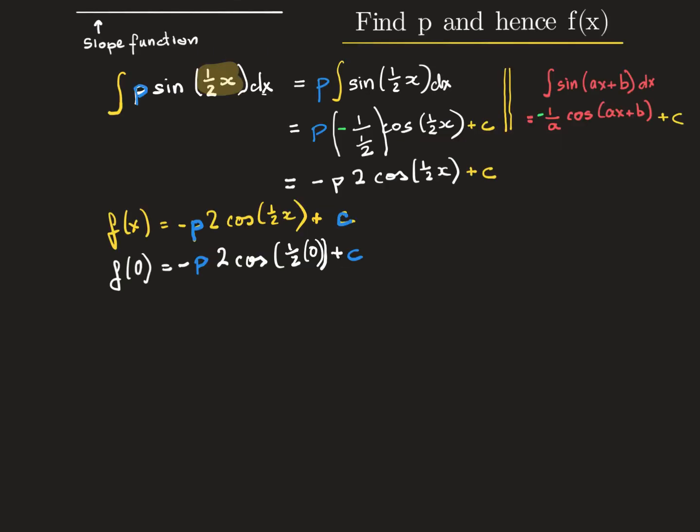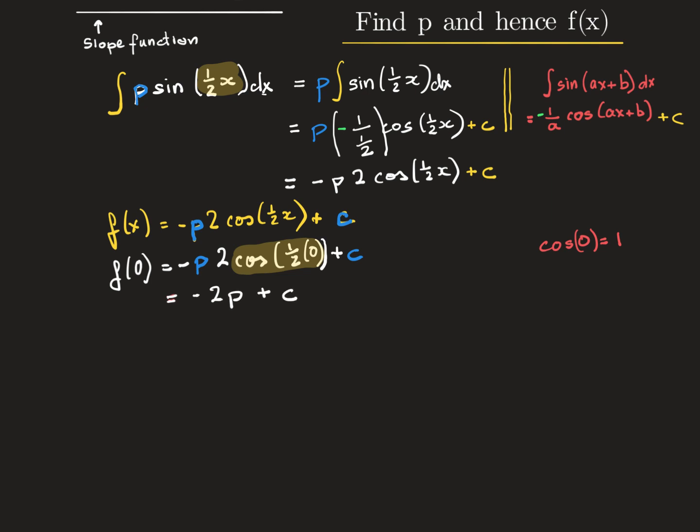So we know that cos 0 is equal to 1. We can figure that out from using the GC, the calculator. That means that our cos 0 here just ends up being 1. And all we need to do is rewrite this again. Okay, minus 2p plus c.